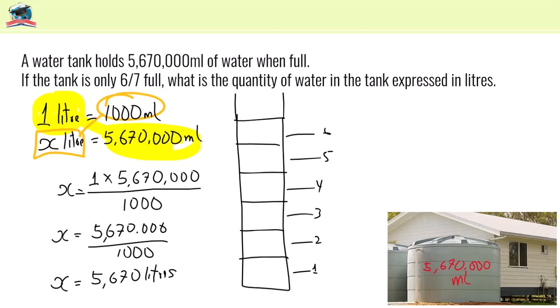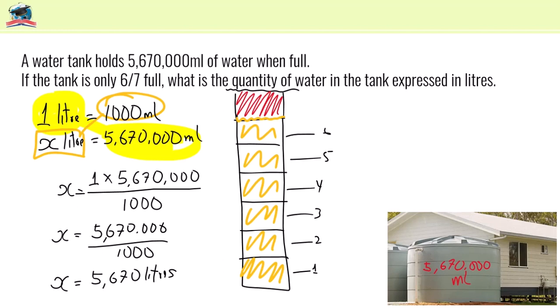This side is filled with water, this is 5, this is 6, but this is where the tank ends. So this part here is empty. We need water to be there. The water stopped here. So it's only 6 out of the total of 7, and we still have a space left.